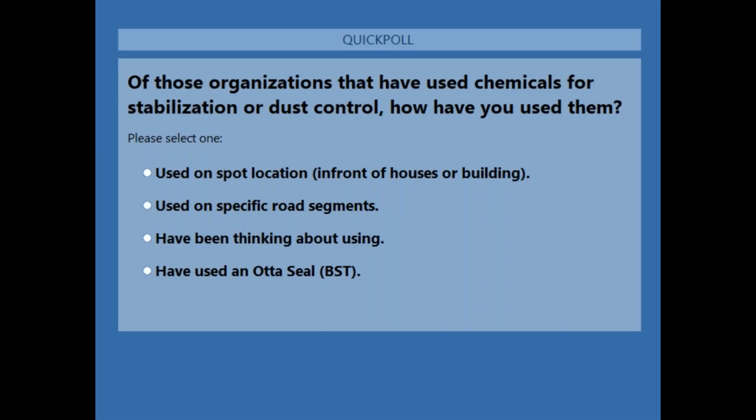A, used on spot locations in front of houses and buildings; B, used on specific road segments; C, have been thinking about using a chemical; or D, have used an auto seal or some other type of a seal. I used to always call them a BST, a bituminous seal, on some of those unpaved roadways.